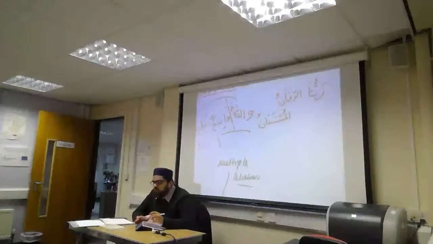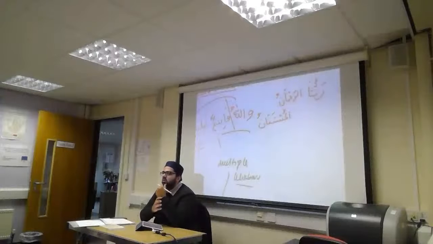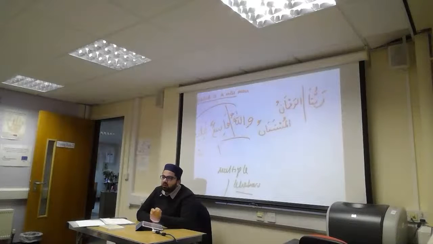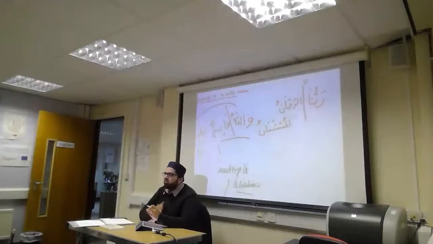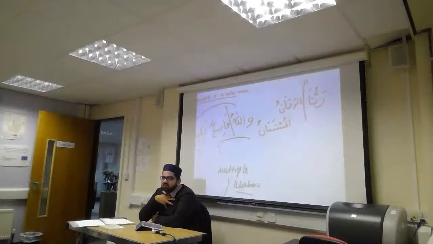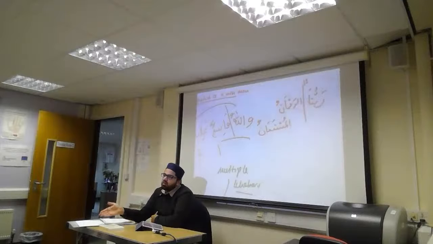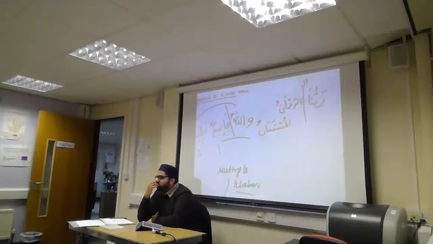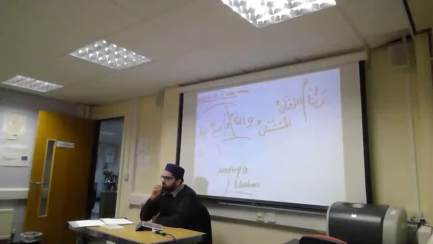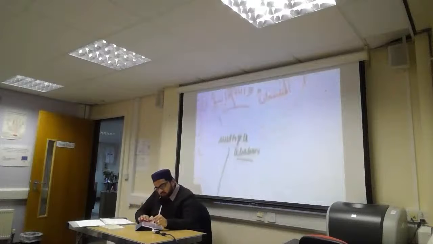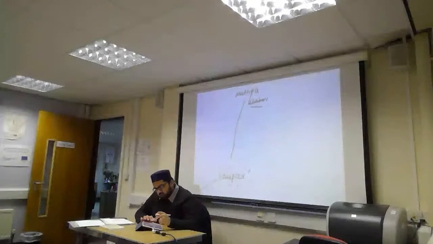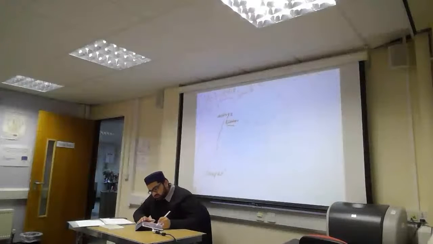So Rabbuna, our Lord, is Ar-Rahman, the eternally merciful one. And he is Al-Musta'an, the one whose help is sought. They are both khabars of Rabbuna. Our Lord is Ar-Rahman, our Lord is Al-Musta'an. Yeah? Okay.